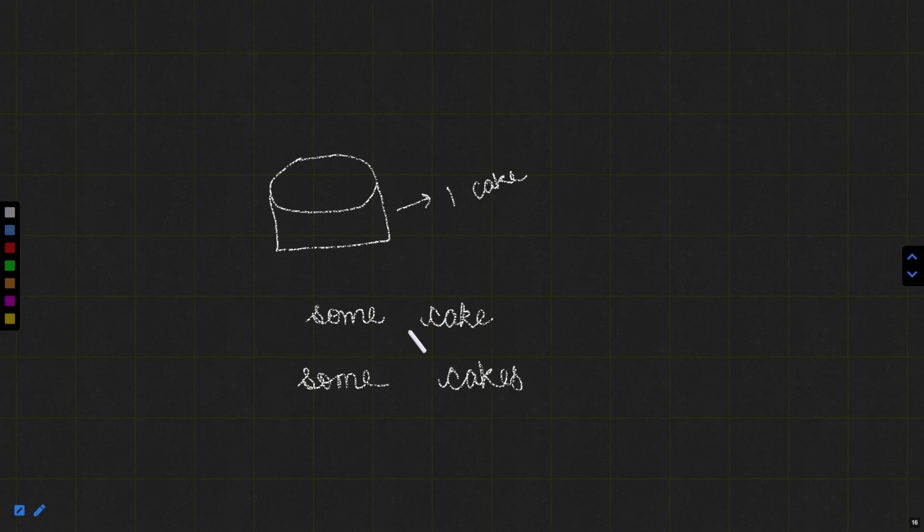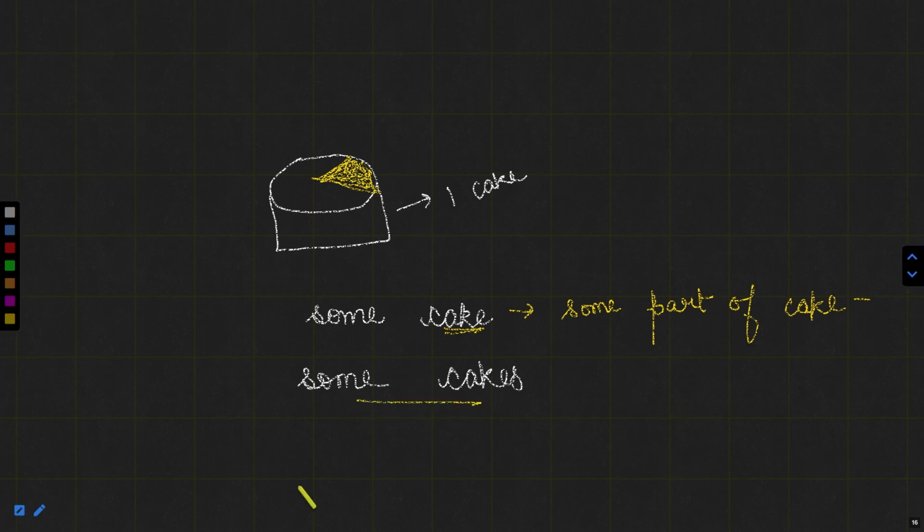If I say some cake, this refers to some part of the cake. Here, cake is only one and it is uncountable. So if we talk about some part of the cake, maybe we are talking about a slice of cake.